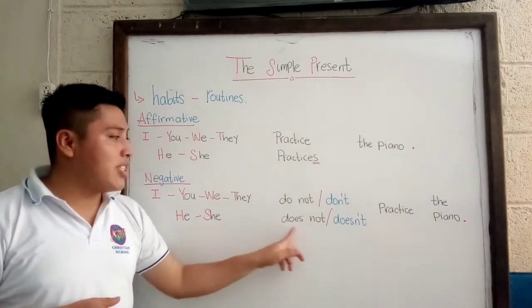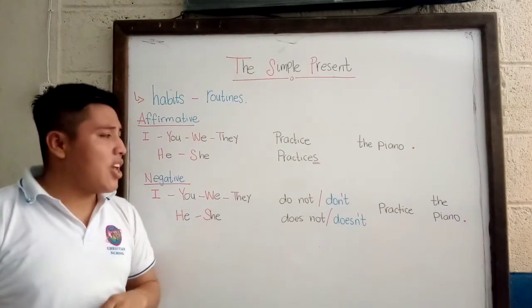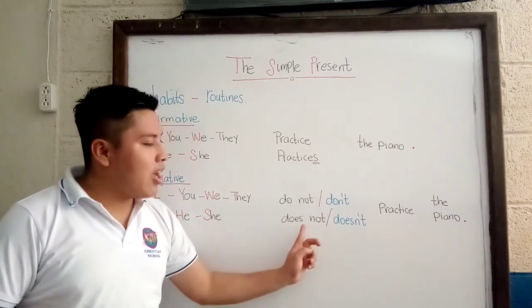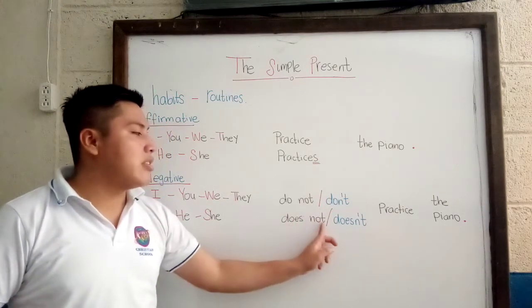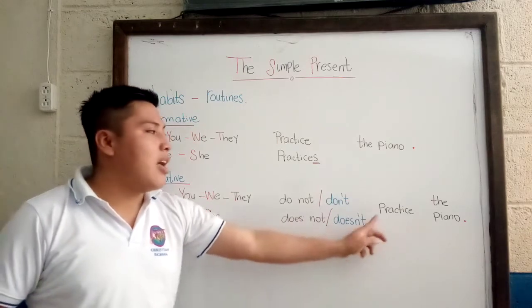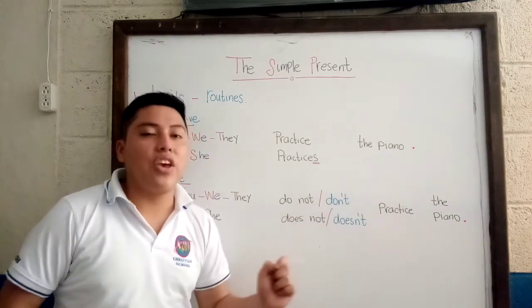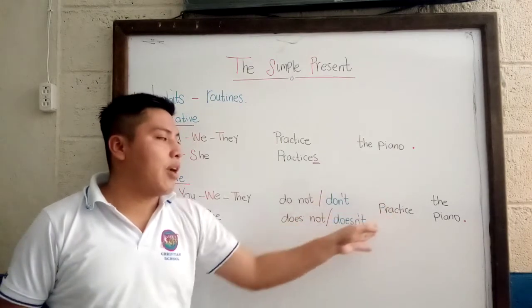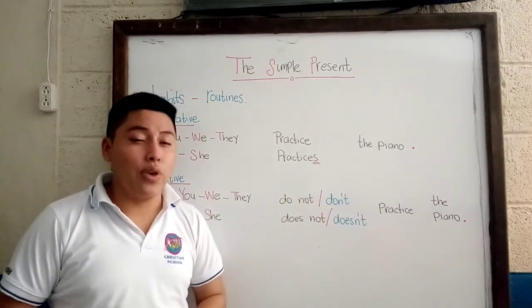Very good. You notice here? Notice that here something happens. Okay? Here I am using does not or doesn't, but notice that the verb is the same verb. I'm using practice for this and practice for this. Okay, why?